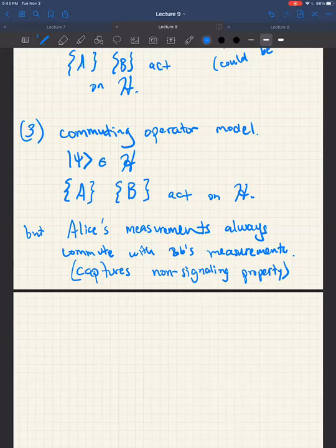This last one might seem weird because normally we have to separate Alice and Bob. Alice is on one side of the galaxy, Bob is on the other side, and they clearly live on different Hilbert spaces. But actually, in the most general model of quantum physics, which is quantum field theory, as far as I understand, there isn't always a natural tensor product decomposition between two spaces.